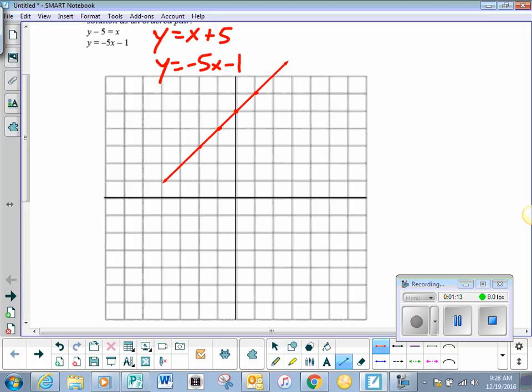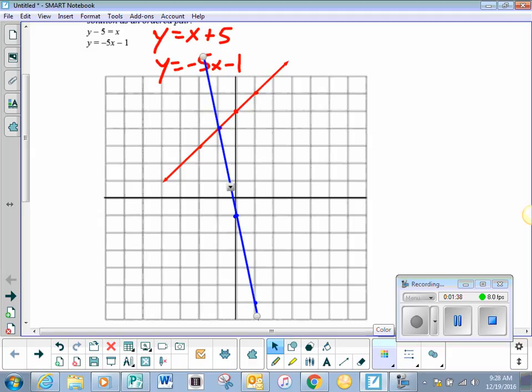And then our second line, we are going to start at negative 1, and we're going to rise negative 5, run positive 1, or rise positive 5, run negative 1, and looky there, we found our point of intersection. So, there it is.